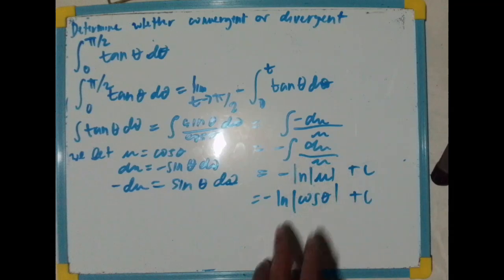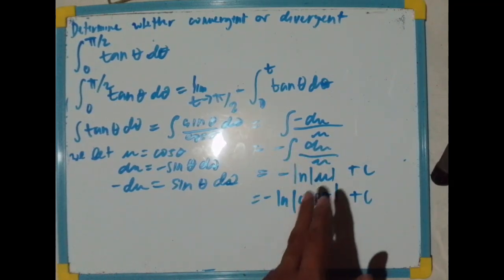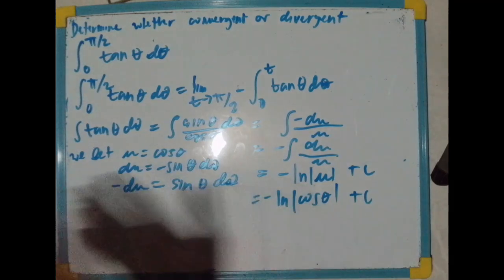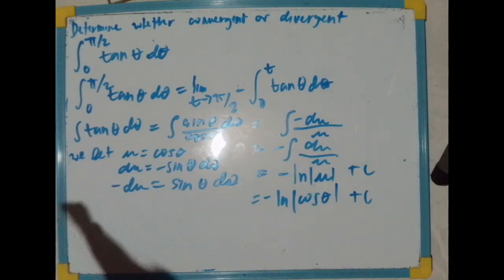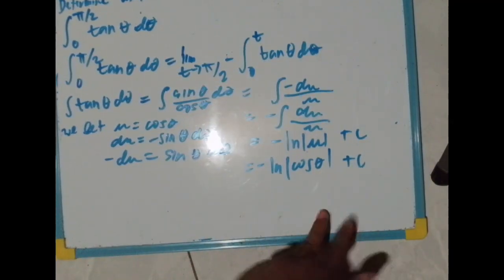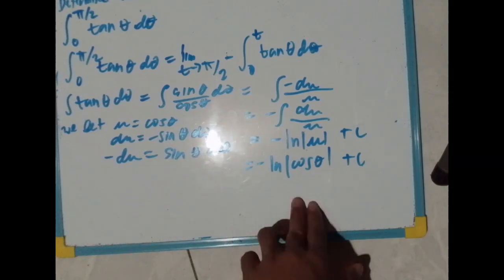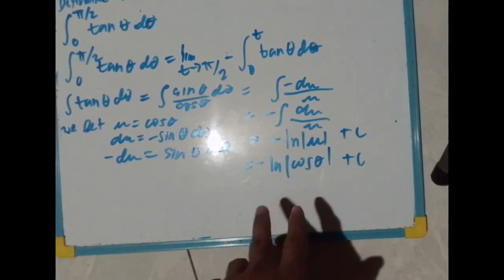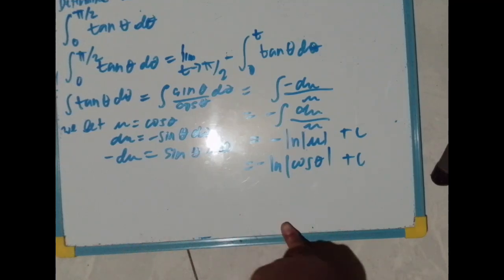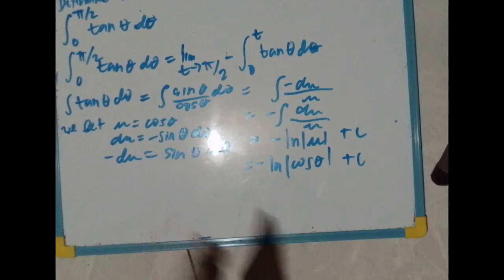So we have negative integral of du over u, or 1 over u. The integral of 1 over u is ln u, as we all know. Now substituting back the value of u, which is cosine theta, we have negative natural logarithm of the absolute value of cosine theta plus c.